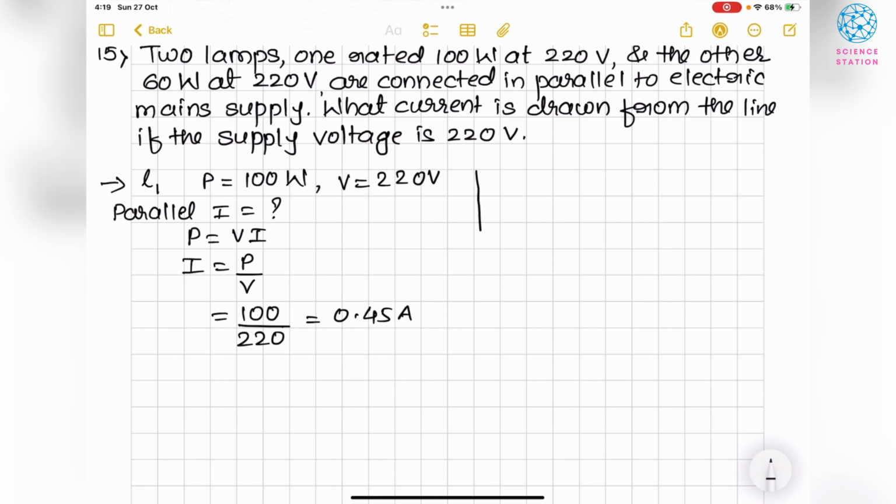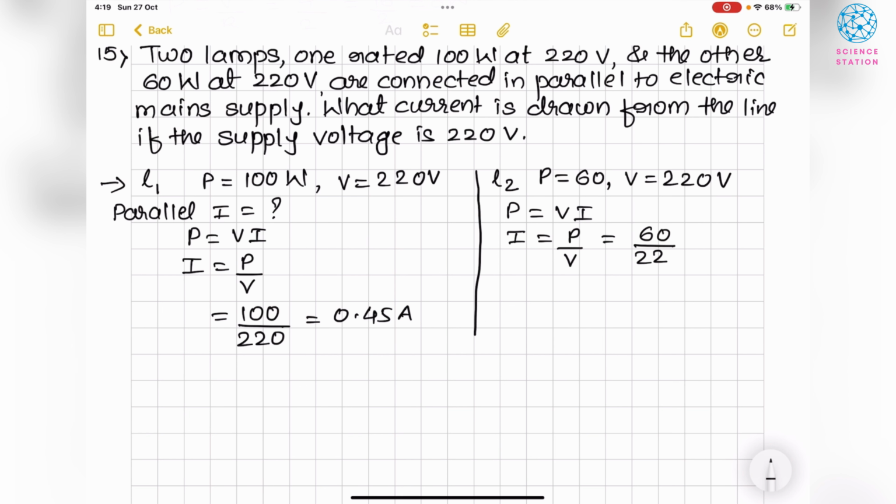Now L2, P equal to 60, V equal to 220 volt, so P is VI, so I equal to P by V, so that will be 60 upon 220, so that will be 0.27 ampere.